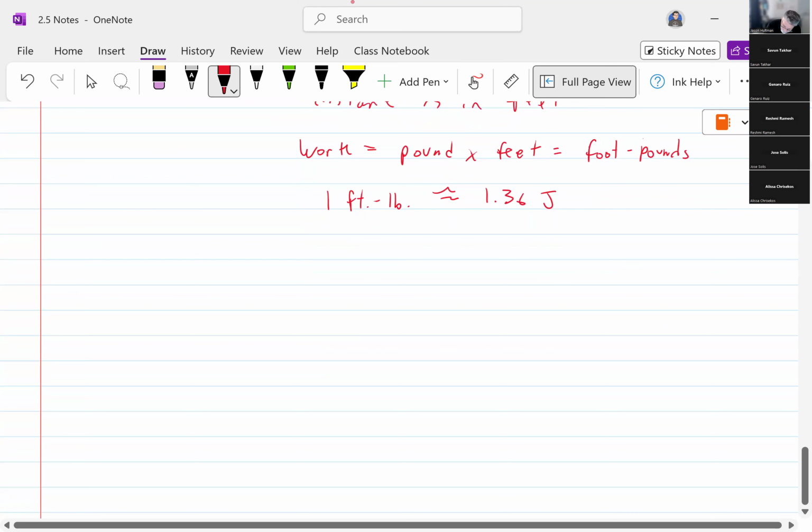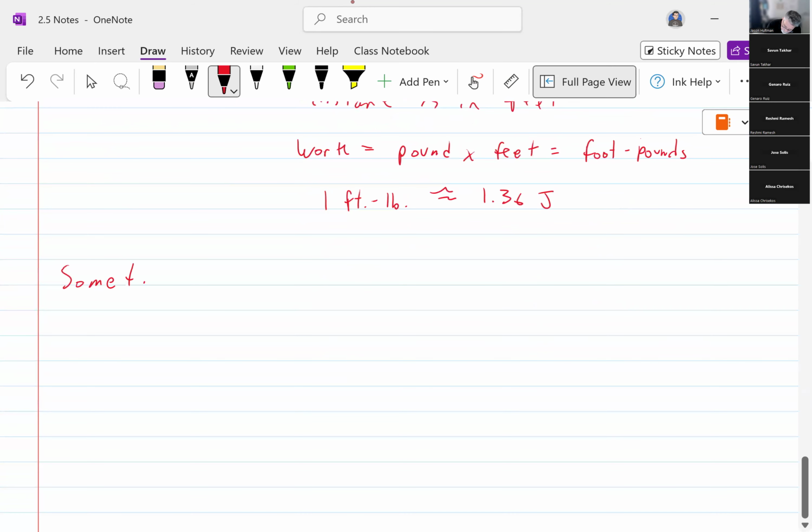Sometimes mass is unavailable but density and volume are given.